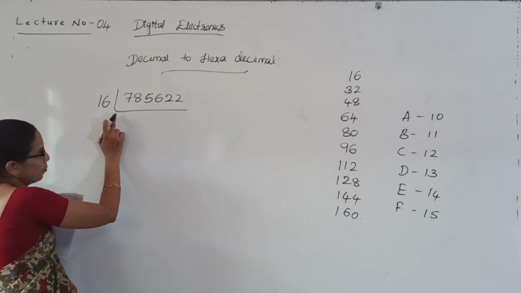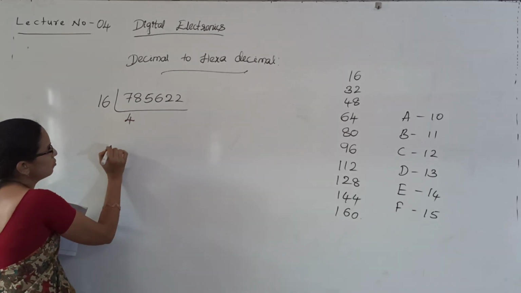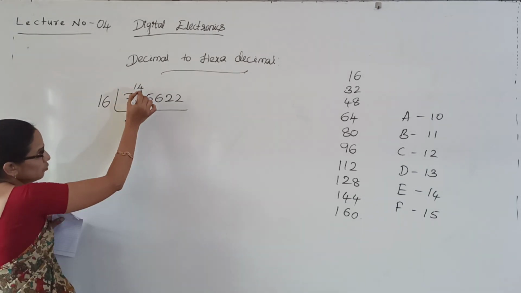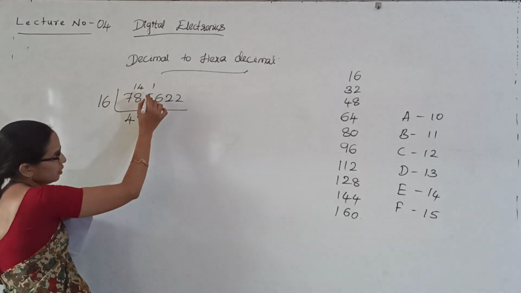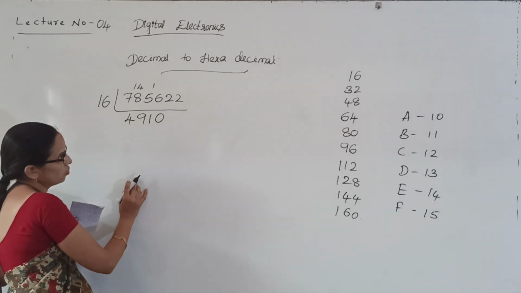Divide by 16. 16 fours are 64. What is remaining? 14 is remaining. 140 by 16, nines are 144, 1 is remaining. 16 ones are 16. You can also put 0.